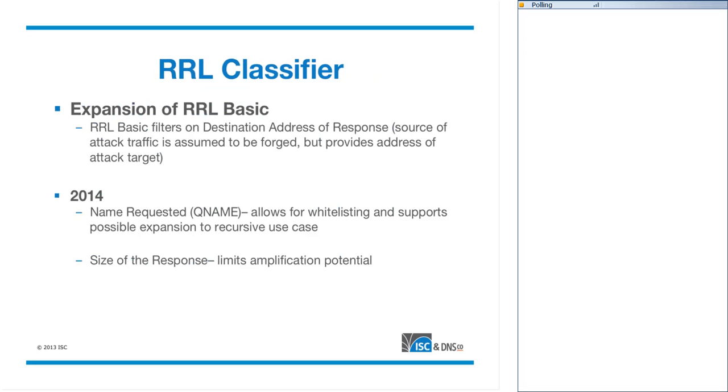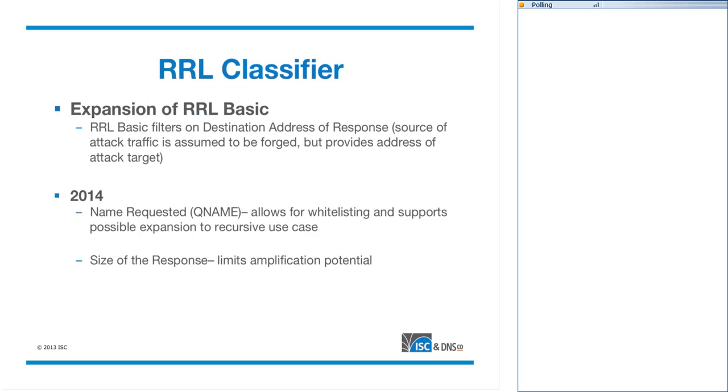So that's a really good segue actually into the work we're doing with RRL Classifier, because not only are the malicious parties evolving and adapting, we're trying to stay ahead of the curve as well. So just to give you a little information about the work we're doing with RRL Classifier, as a reminder, with RRL Basic, the filtering is done based on the destination address of the response.